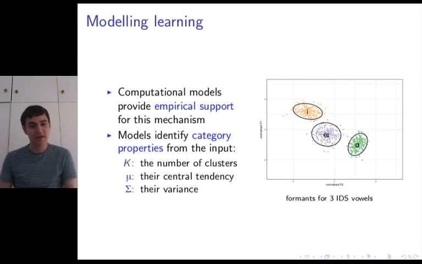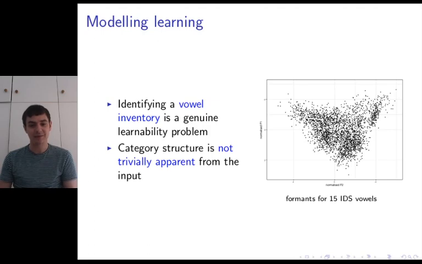However, American English doesn't just have 3 vowel sounds. Instead, it has 15. And so this is the genuine learnability problem that I want to talk about today. How can infant learners begin to identify categories when the structure is not trivially apparent from the regularities that occur in the input?